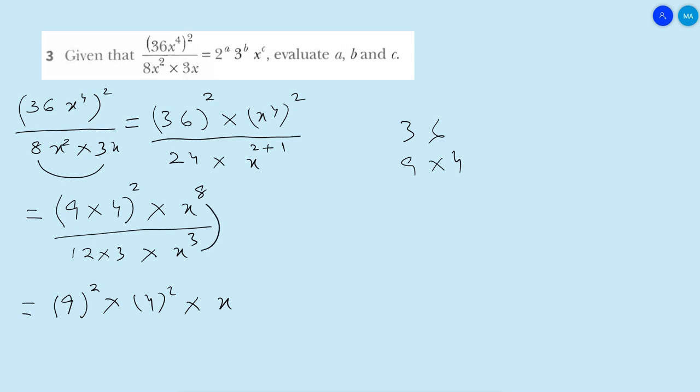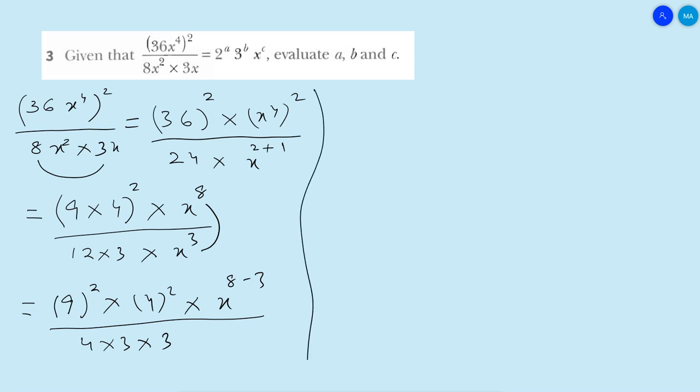Move this 3 on above side, 8 minus 3, upon this 12 can be written 4 into 3, and this 3 is already present. This 9 we can write as 3 square, and the square is already present.